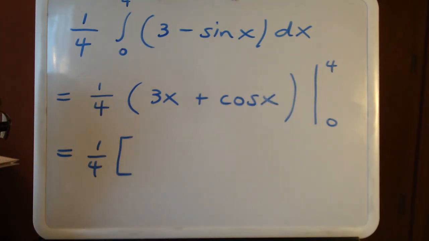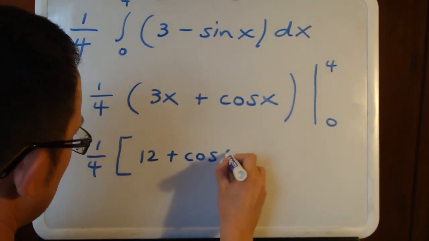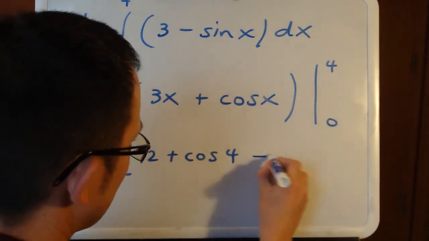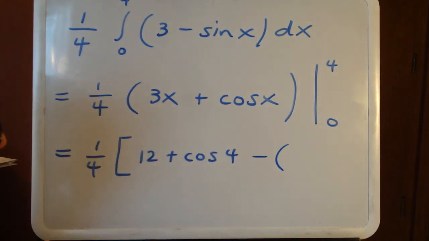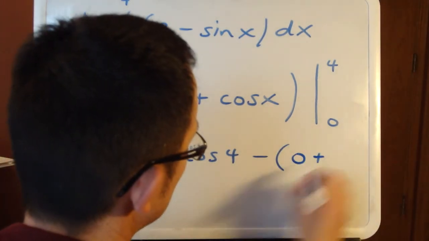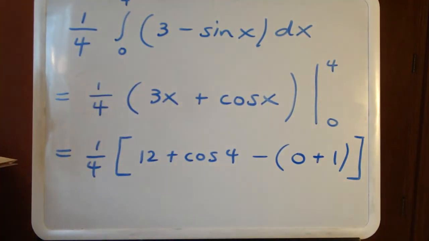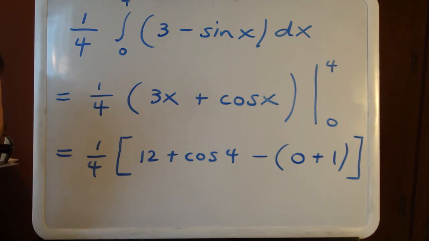So we'll put in a 4, and this will give us 12 plus the cosine of 4, and then we'll have to subtract off what we get when we plug in 0. When you plug in 0 here, we get 0 plus the cosine of 0. So we have to watch that. 0 plus cosine of 0 will be 1, so you have to be careful there. It looks like we get 12 minus 1, which is 11.